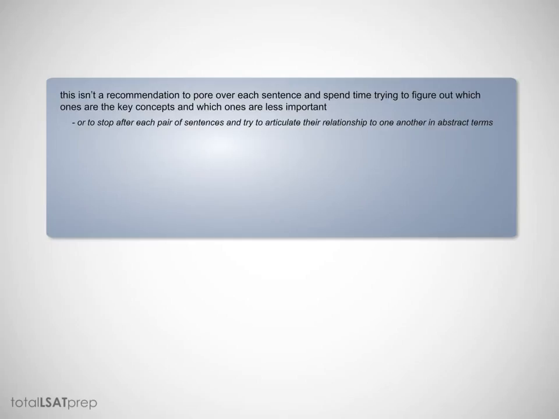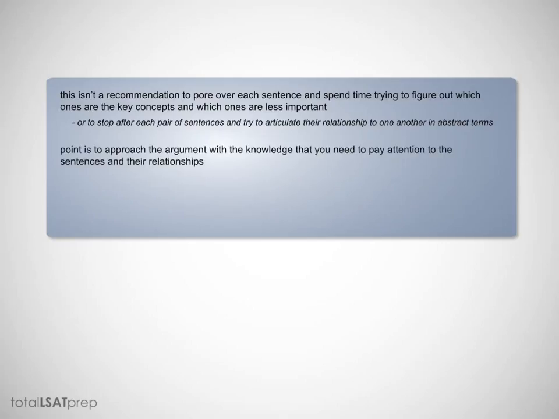That's actually something that you'll do when evaluating the argument, and you'll only do that for certain question types, and we'll go over that in more detail in the next video. Instead, the point is to approach the argument with the knowledge that you need to pay attention to the sentences and their relationships.